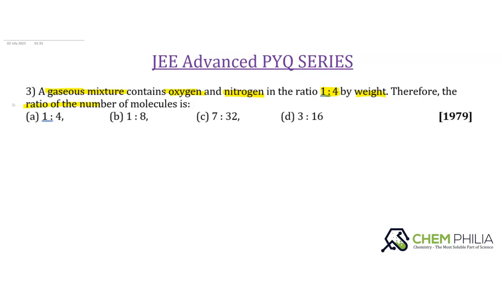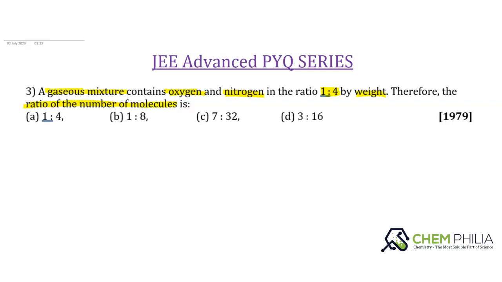And we have to get the ratio of the number of molecules. In the last to last question, I told you that number of molecules is directly proportional to number of moles.